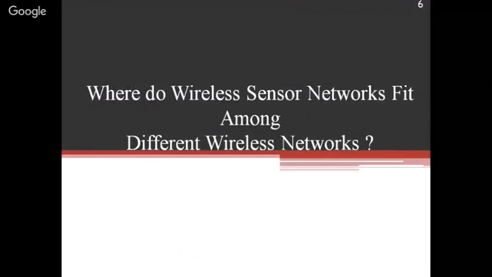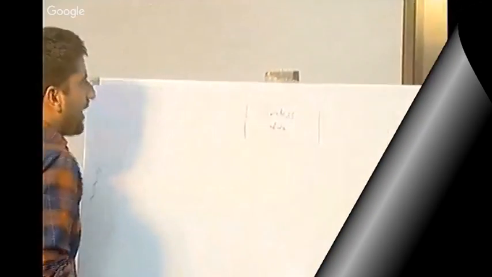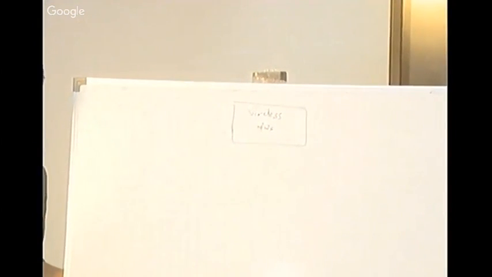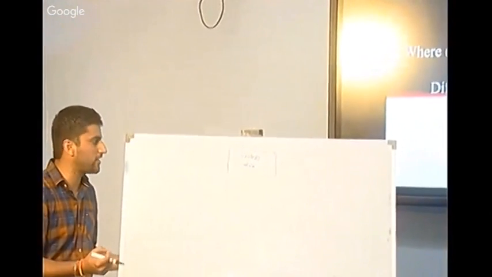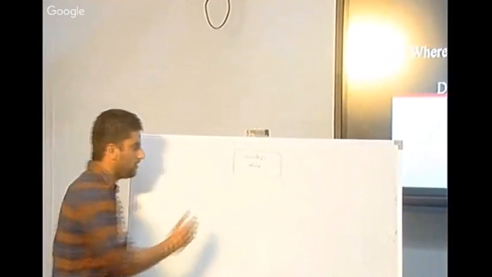Firstly, where do wireless sensor networks fit among the different wireless networks? We have categories of wireless networks, and according to our needs and applications, we have different kinds of networks. Any wireless network can be decided on the basis of its size and the range up to which it can communicate. On the basis of that, you can decide in which particular category the sensor network you are dealing with falls.